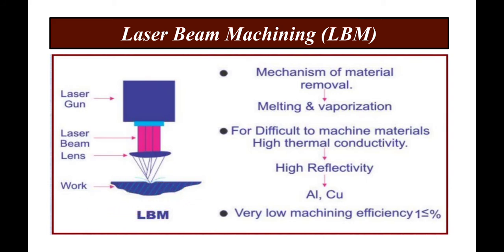The heat intensity of this laser light is so high that you can melt or vaporize any material known to you. You concentrate the laser beam at a very small spot, temperature goes to a very high value, and you can melt and vaporize and get the desired shape and size on that workpiece.